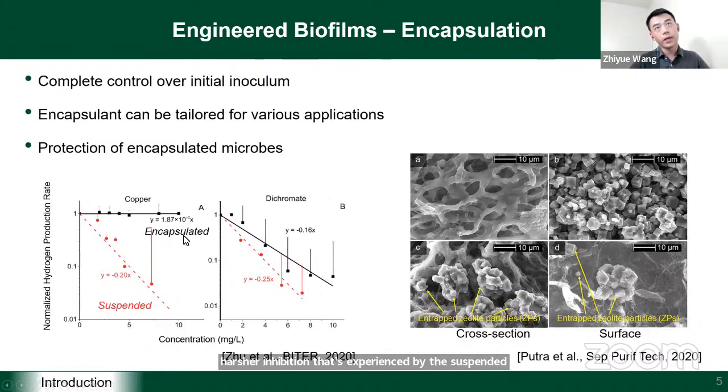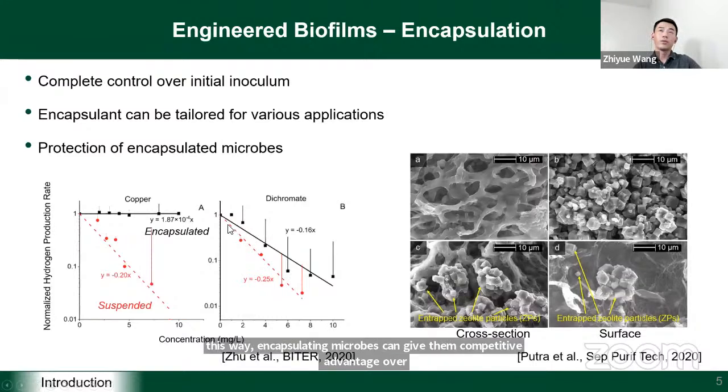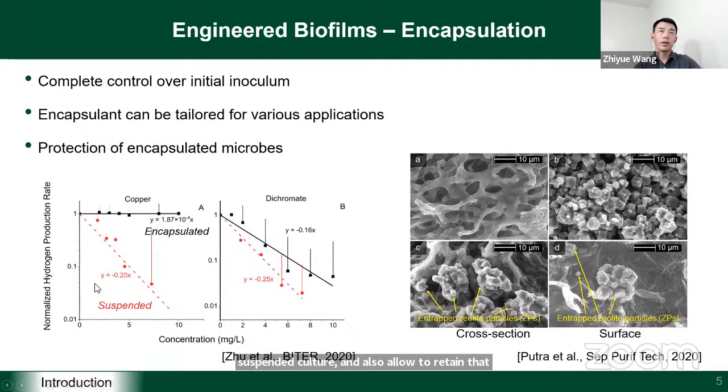So this way, encapsulating microbes can give them competitive advantage over suspended culture, and also allow us to retain that selective inoculum you want to start with. And also note that this Y scale is actually on a log scale, so that's a very significant difference between encapsulated and suspended culture.